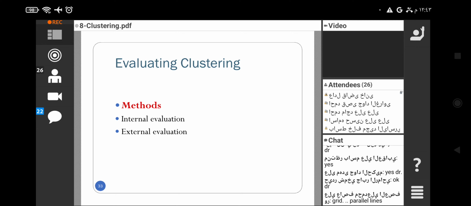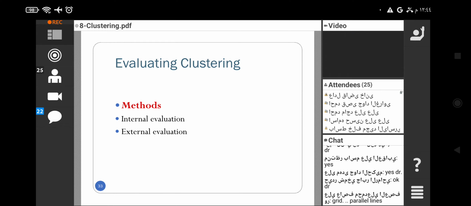If you remember, we talked about classification. Classification was a type of data mining, and we talked about evaluation in classification. Did I explain to you about accuracy? How do we calculate accuracy?